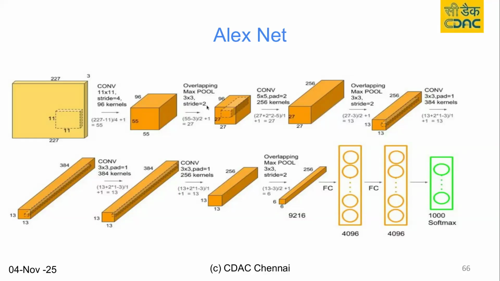After a convolution operation, there is a max pooling operation. We saw max pooling, where the maximum of every 2 cross 2 is taken. That's why 55 cross 55 becomes half, 27 cross 27, after the max pooling operation. So one convolution operation, one max pooling operation, then another convolution operation, another max pooling operation, another convolution operation, another convolution operation, then again a max pooling operation.